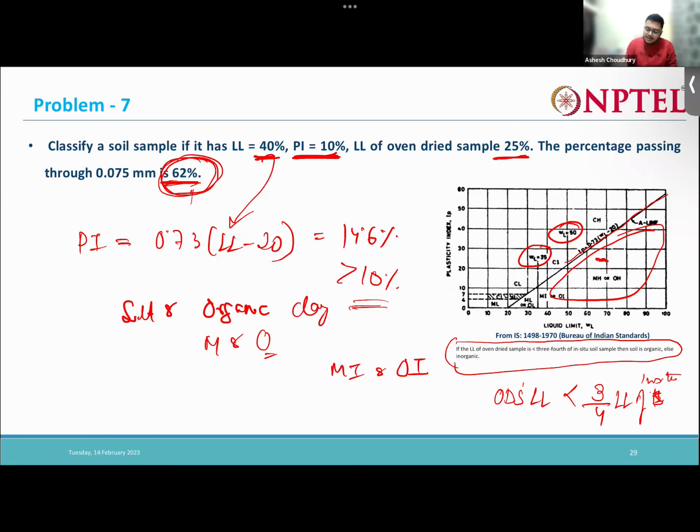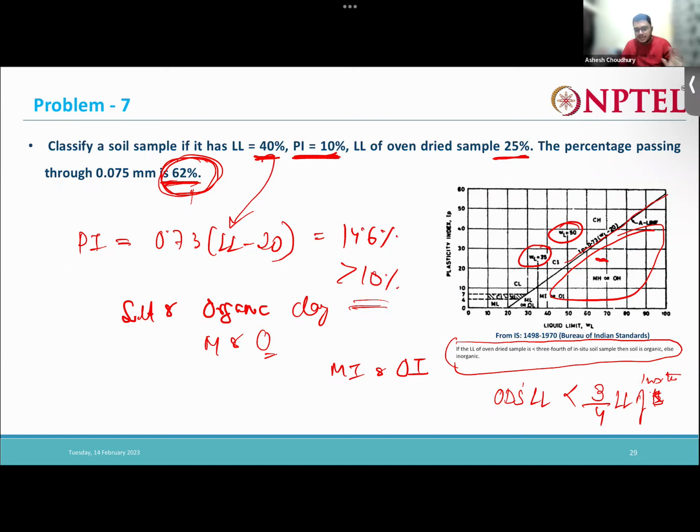Okay, so what is the liquid limit of in situ soil? Sir, what is the meaning of liquid limit of oven-dried samples? Generally, you take the soil from the ground, from the site, and you sieve it directly without drying it, and then you find out the liquid limit.